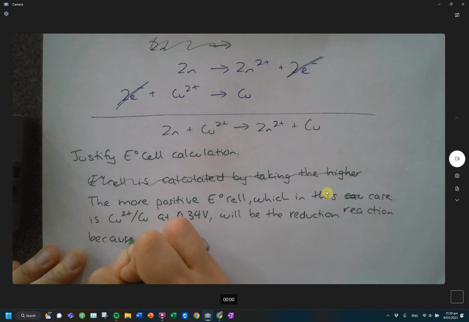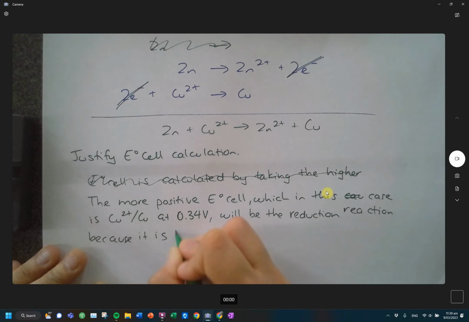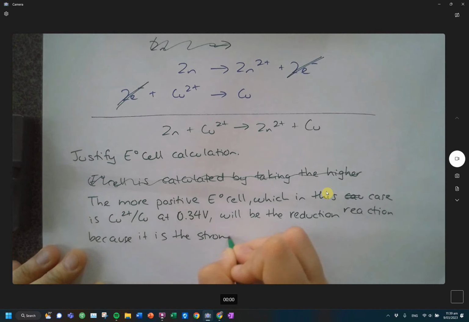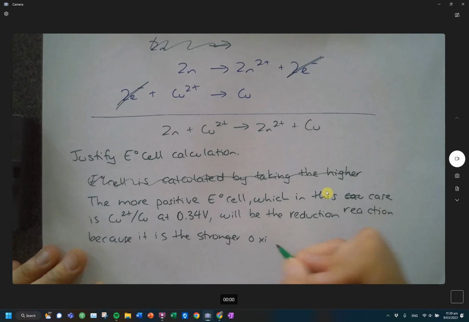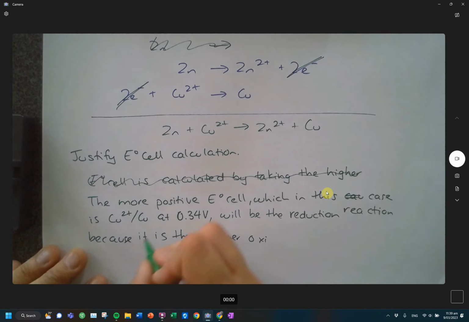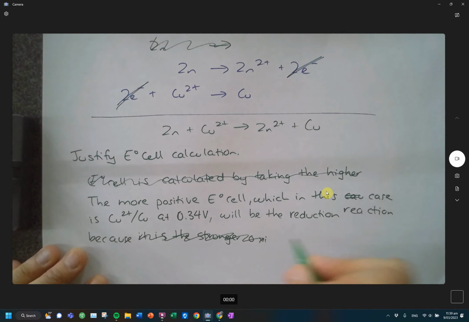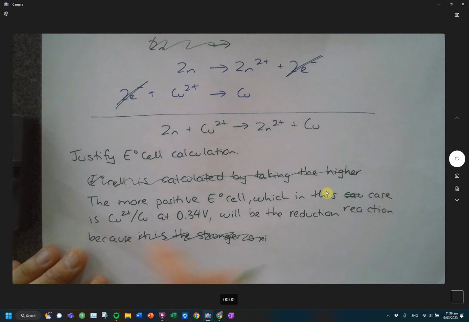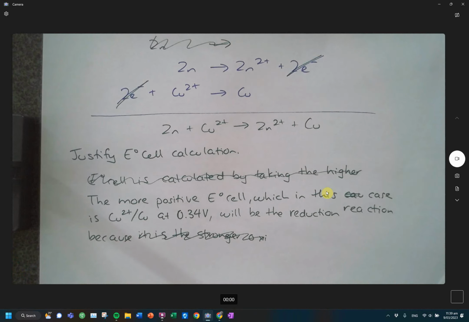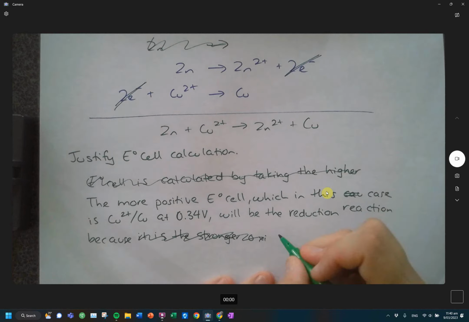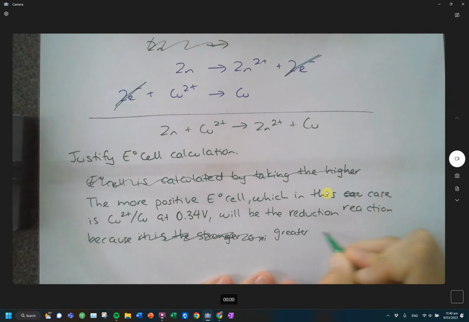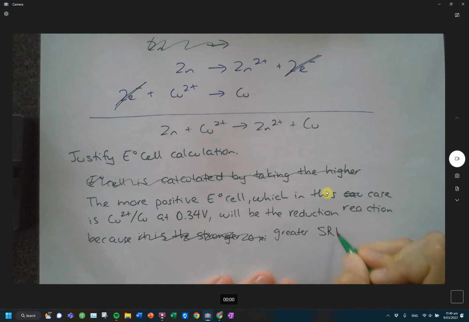Because it is the stronger oxidant. Oh, sorry, because it has a greater standard reduction potential, making it a stronger oxidant.